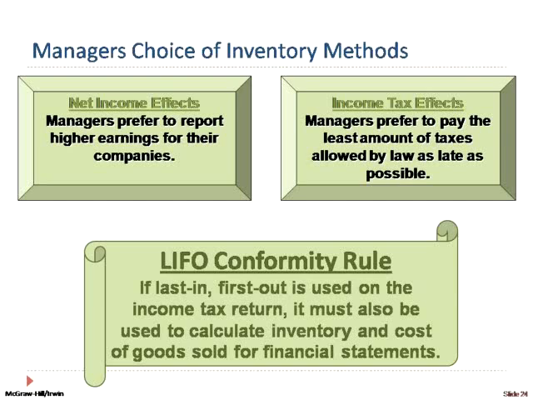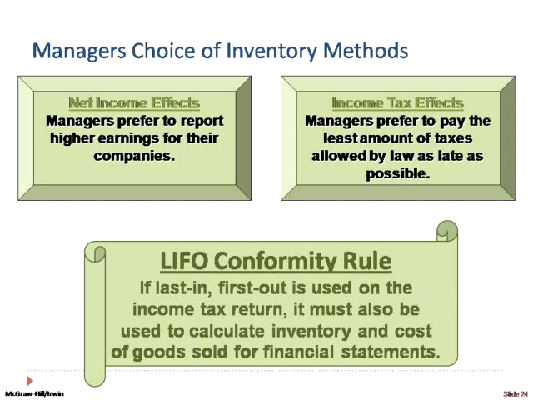Managers prefer to pay the least amount of taxes allowed by law as late as possible. Any conflict between the two motives is normally resolved by choosing one accounting method for external financial statements and a different method for preparing its tax return.